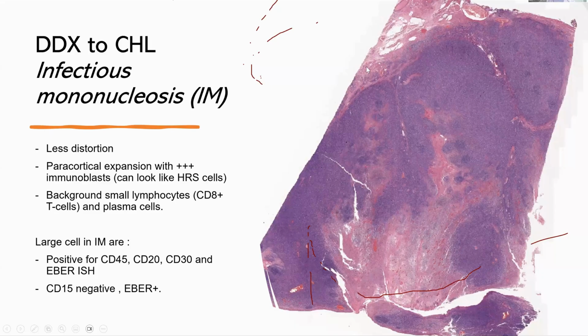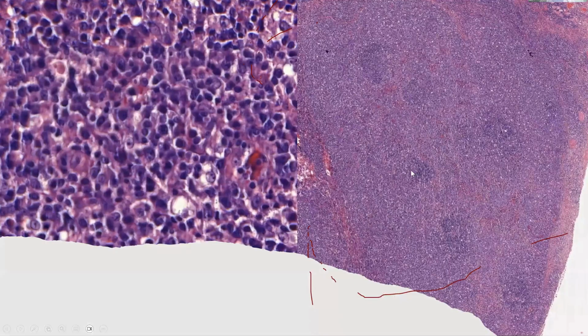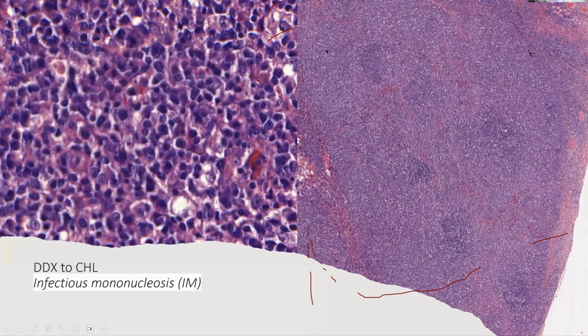And this is just an example to see how these germinal centers are more or less easily identifiable, and you can see how this can mimic a nodular lymphocyte-rich classic Hodgkin lymphoma. However, the background population or the interfollicular areas don't have the typical RS cells. They're usually large cells with one or multiple prominent nucleoli resembling immunoblasts rather than RS cells.